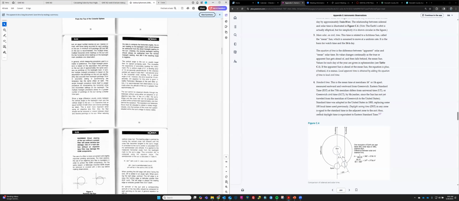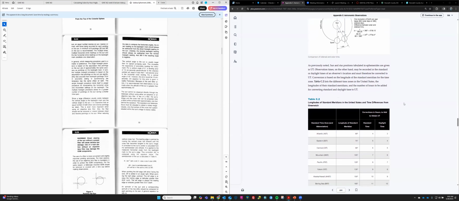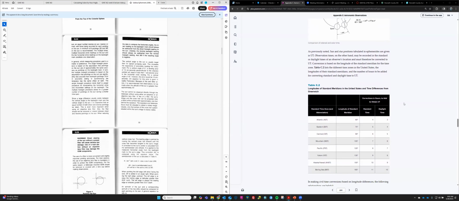Daylight saving time is equal to standard time plus one hour.